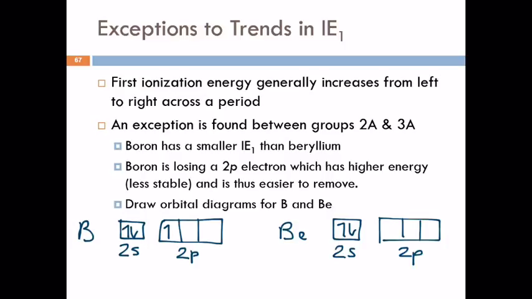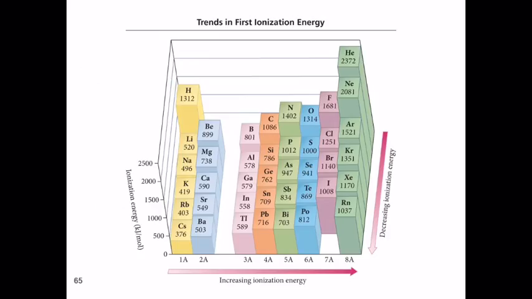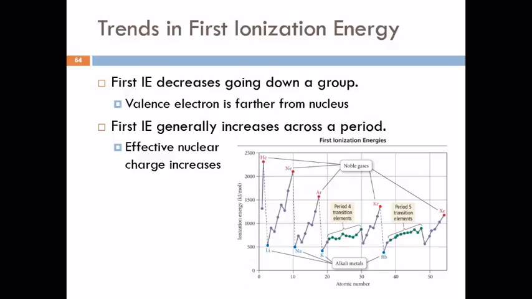And so we see this exception in the trend. If we go back to the graph, we can see that very clearly. It's right here. Between the second and the third group, the trend is not followed. And we see that over here also, that this one is lower than that one, comparing the main groups.